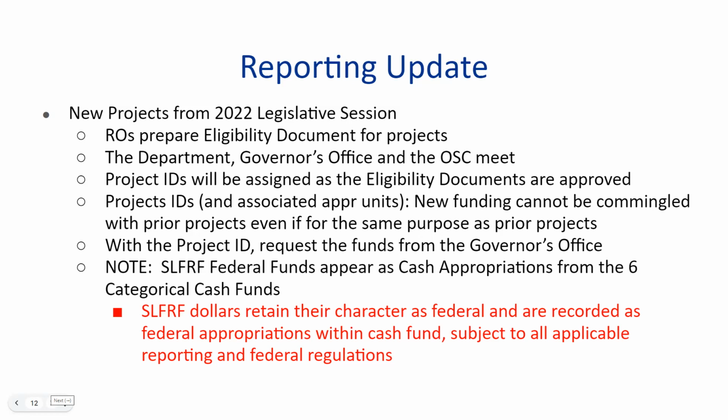I want to mention that just because the federal money is in a cash fund, it doesn't make it cash. It's still federal. It retains its federal character, and it will need to be recorded in federal appropriation units within the cash fund. And then all of the federal parameters and compliance requirements would follow that federal appropriation. So I just wanted to highlight that.